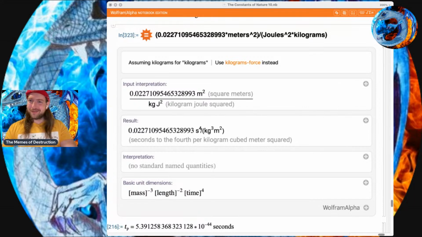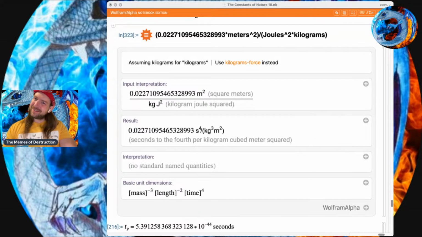Molar mass? Let's try this. Molar mass? I know, I'm so exciting. Seconds to the 4th. How do we get time length? Is that even the right expression? Okay, I should look.